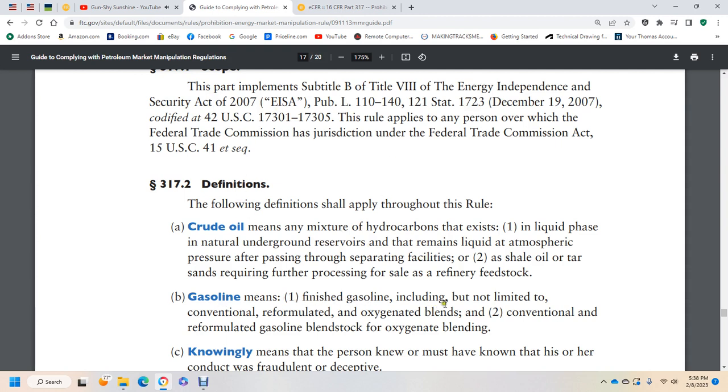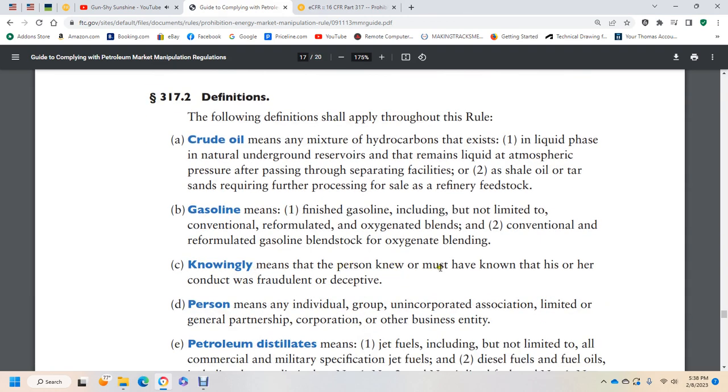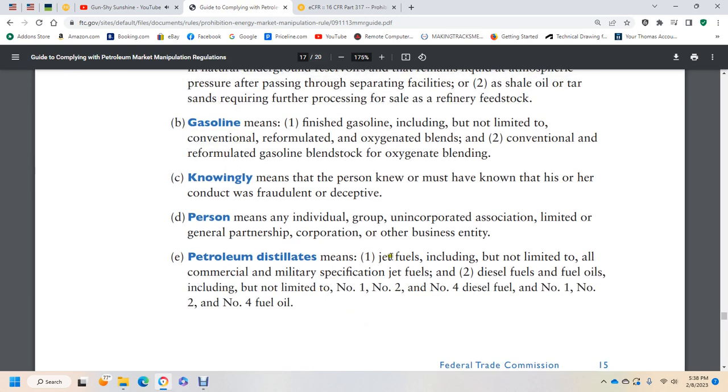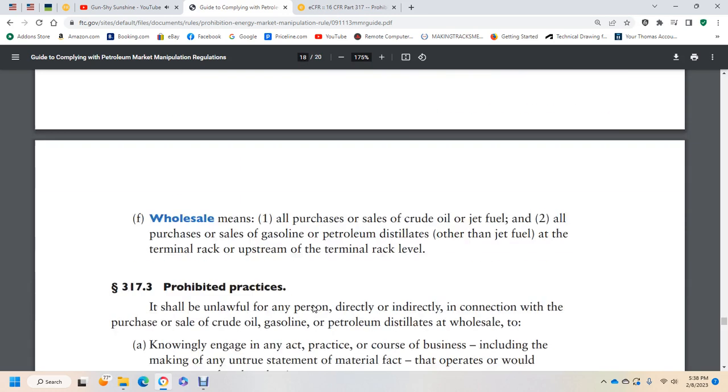Gasoline may be finished, including but not limited to conventional, reformulated, and oxygenated blends, and conventional and reformulated gasoline blendstock for oxygenate blending. Knowingly means the person must have known his or her conduct was fraudulent. Person means an individual, group, unincorporated association, limited or general partnership, corporation, or other business entity. Petroleum distillates include: 1. jet fuel, including but not limited to all commercial and military specification jet fuel; 2. diesel fuel and fuel oils, including but not limited to number 1, number 2, and number 4 diesel fuel and number 1, number 2, and number 4 fuel oil.